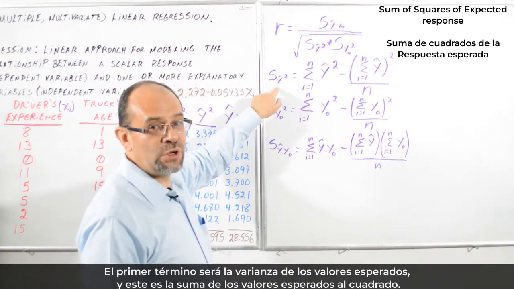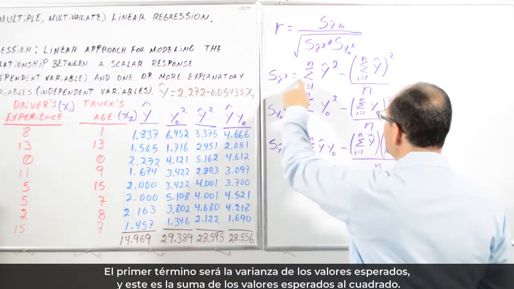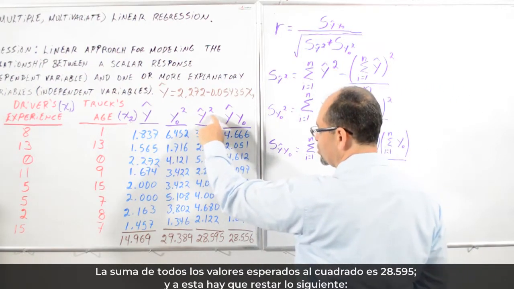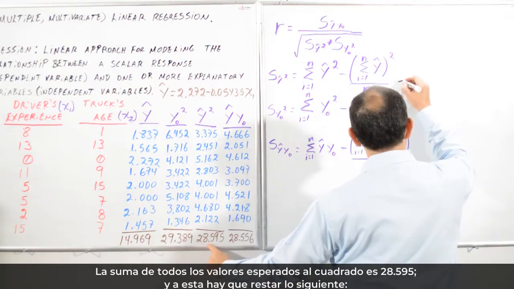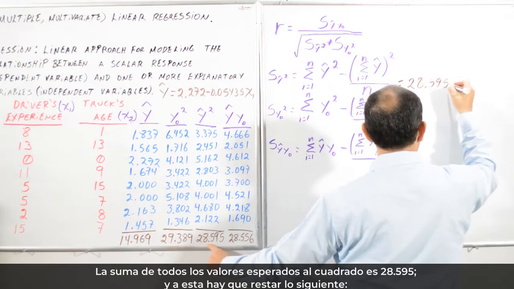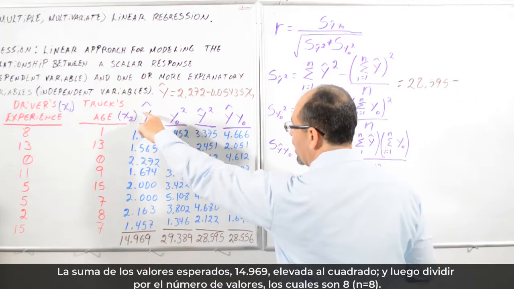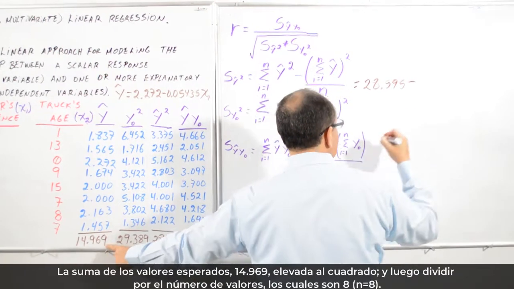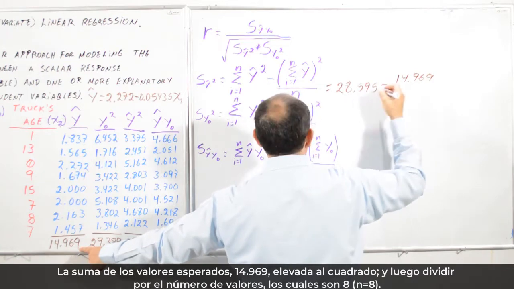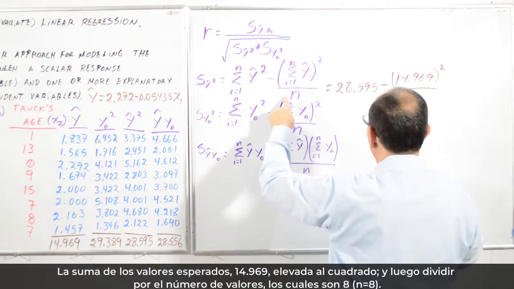The first term will be the variance of the expected values, and it is the sum of the expected values squared, which here is 28.595, minus the sum of the expected values, which here is 14.969, squared, divided by the number of values.